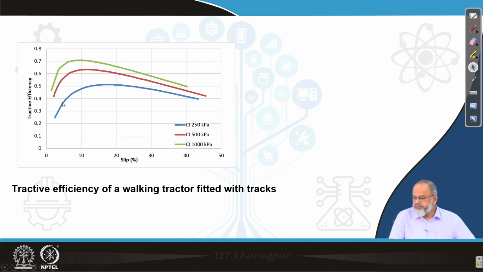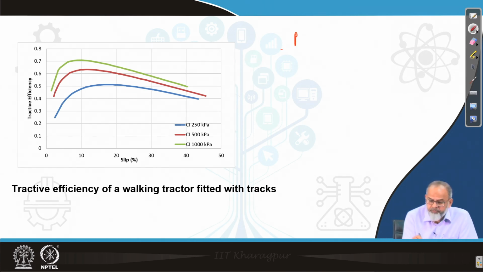This is tractive efficiency, which is nothing but pull by tractive effort, which is nothing but P by (P plus R) into (1 minus S).